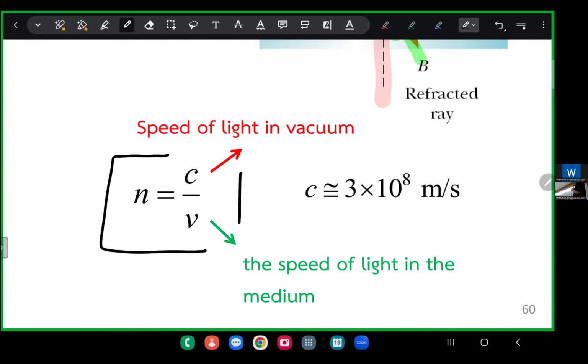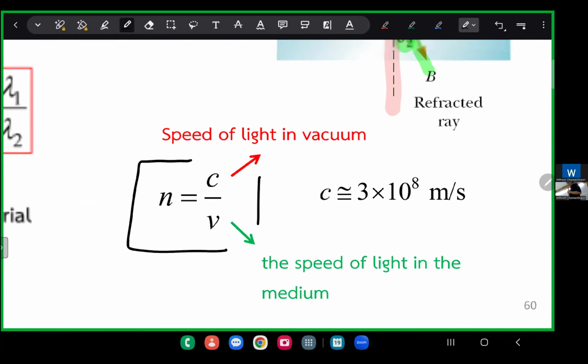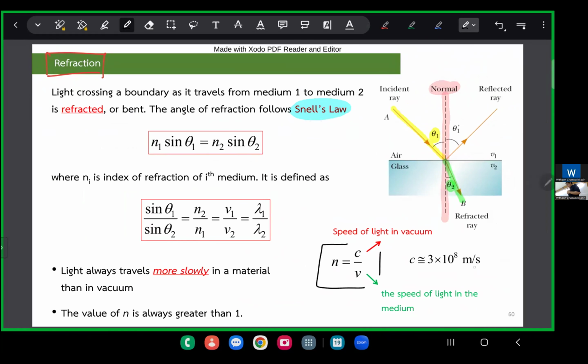Amazing. Divided by the speed of light in that medium. And everyone can guess, because nothing can travel faster than the speed of light in vacuum, this N must be greater than 1 at all times, right? Because anything that's not light in vacuum will move more slowly than that. So that is a guarantee that this is definitely greater than or equal to 1.